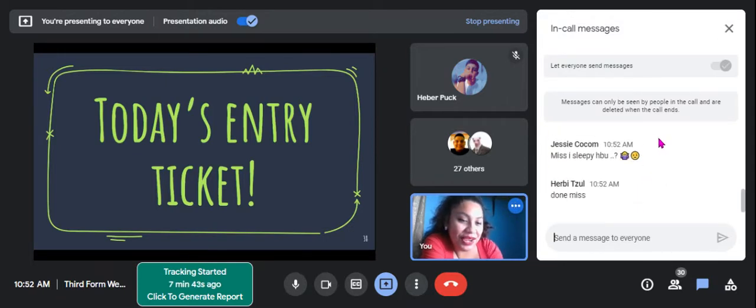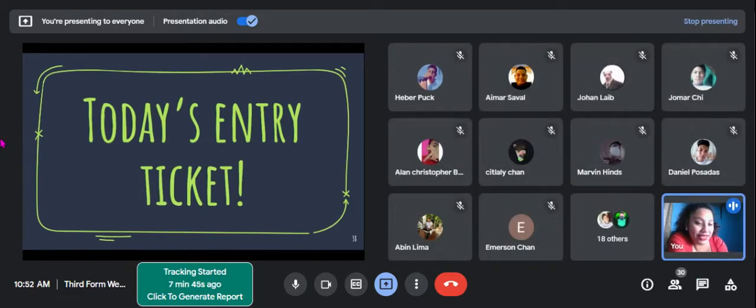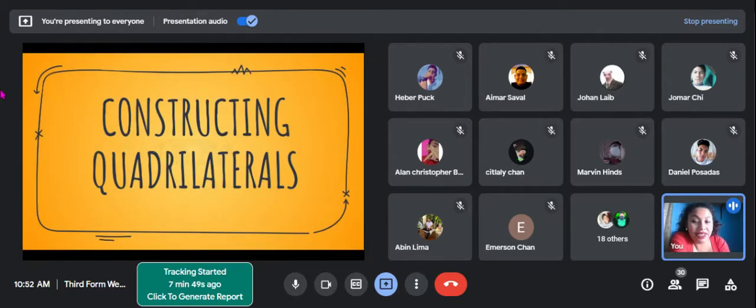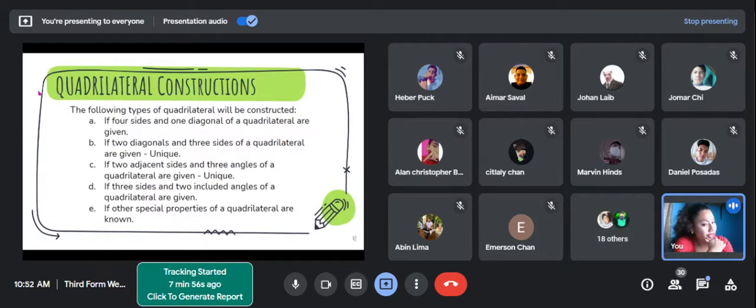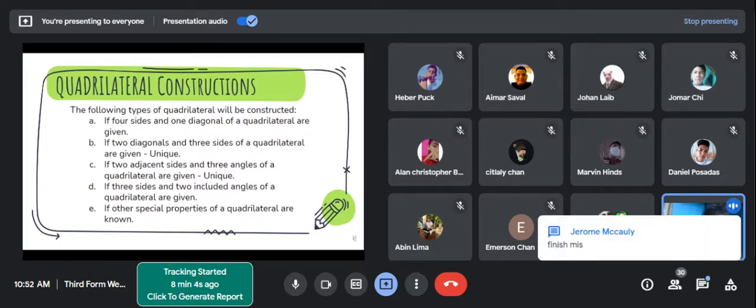Okay, guys, you should be finishing up. Now, today we want to, as I said before, construct quadrilaterals. We are going to talk about five different types of quadrilateral constructions. Between today and tomorrow, we're going to look at all five.